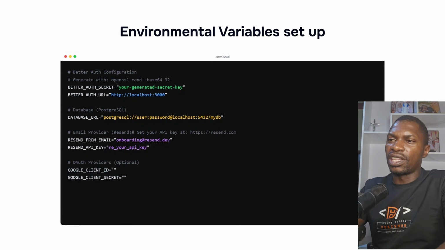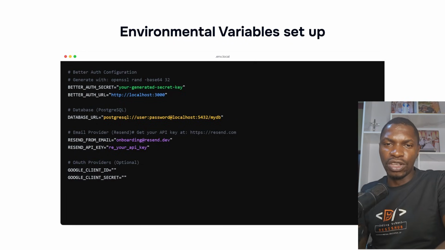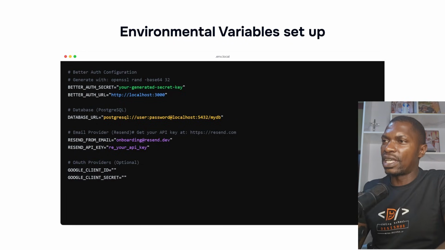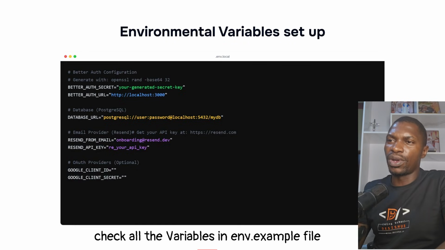At this point, after you have successfully installed the components, the second thing you need to do is set up the environment variables. You know these variables: the betterauth secret, the betterauth URL, database URL, and all others.